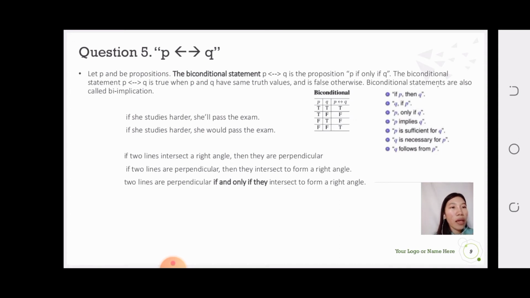If and only if Q, so the if is P, and then the only if is Q, and it belongs to P if and only if Q, and then in the first statement it is only if. Then. So, next.